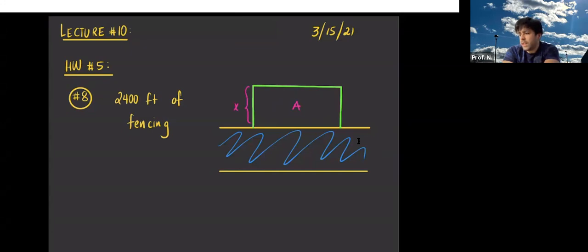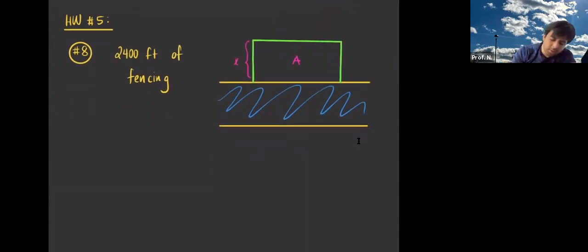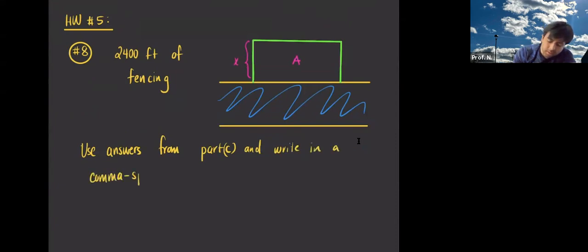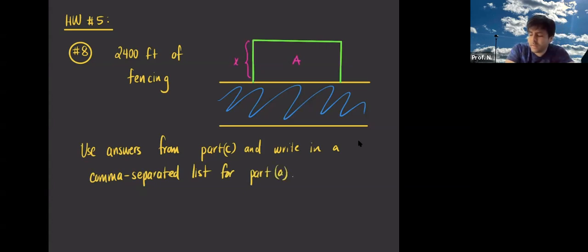So, part A, guys, just use the answers from part C and write them in a comma separated list for part A. If you get to do part C, part A is just, they're trying to make it an open-ended question.